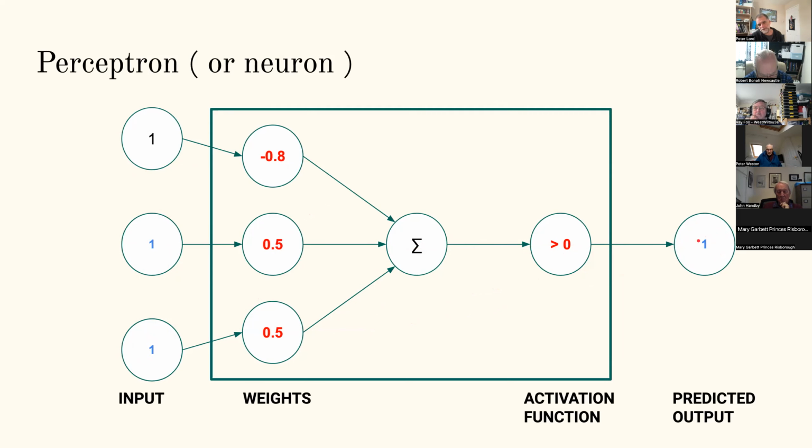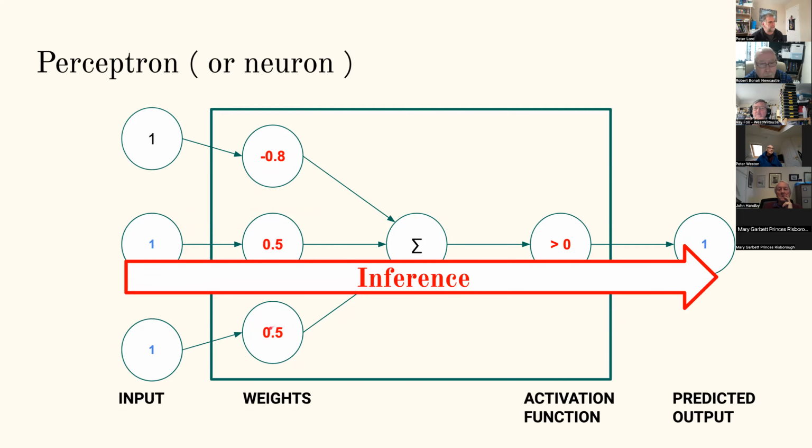So if you know your Boolean logic, this is a simple AND gate. Not that it matters. And this is it. This is the foundation of all neural network implementations of artificial intelligence. But the big question is, how on earth do you find the values of these weights? And that is one of the central problems of artificial neural networks.